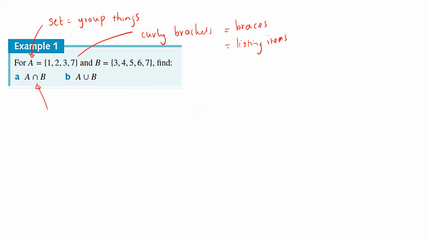You learnt this in year 7. Anyone remember the name? Intersection. What does intersection mean? Yes, if it's two circles, but I don't have two circles right now. It doesn't have to be numbers.